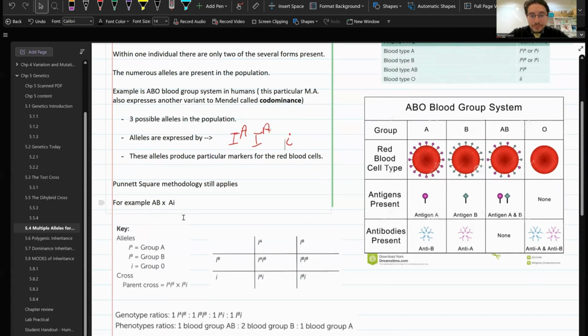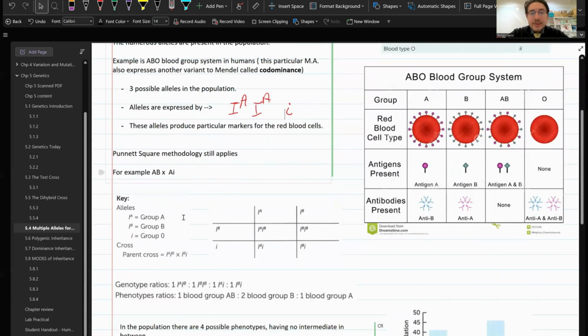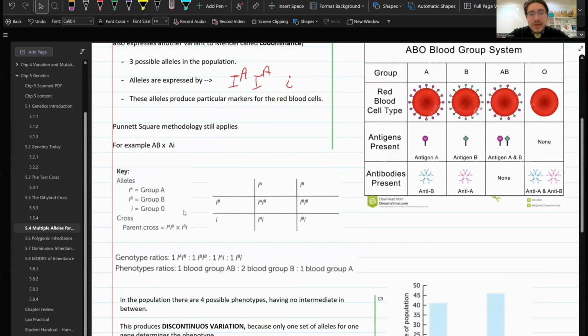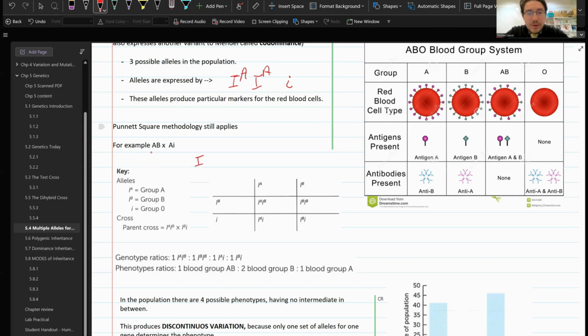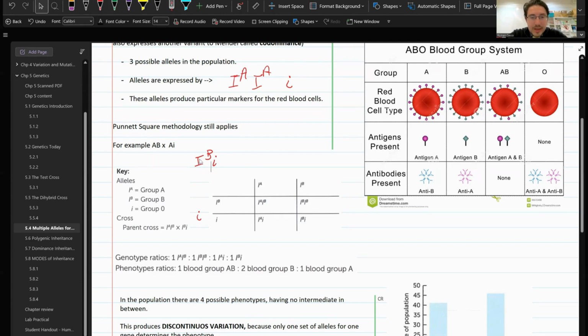Let's take a look at this situation. Say you have an individual that has AB blood type crossed with another individual that is Ai blood type. As the little diagram shows, you have your capital I and your B, and then you have a little i here, so the individual would be capital I with that little b.